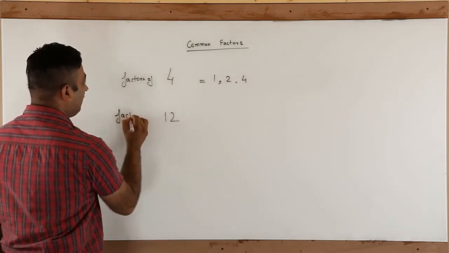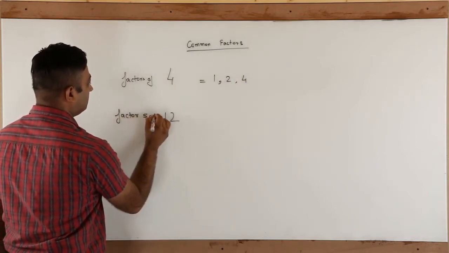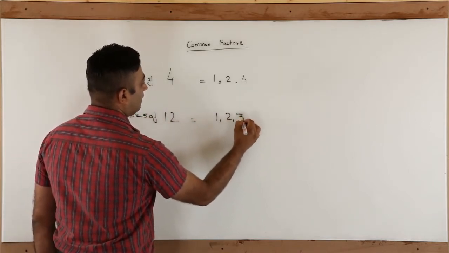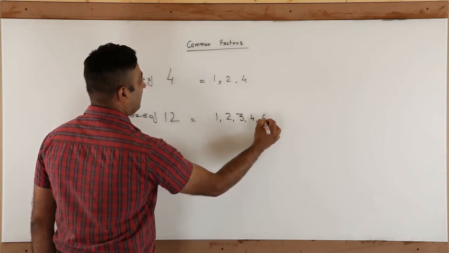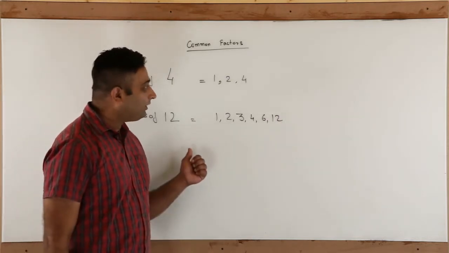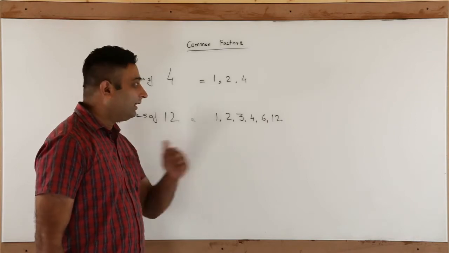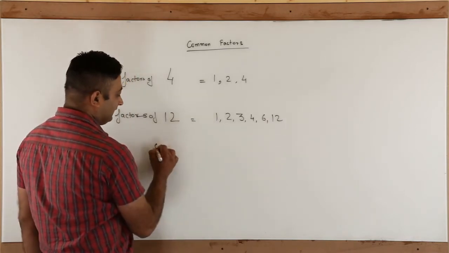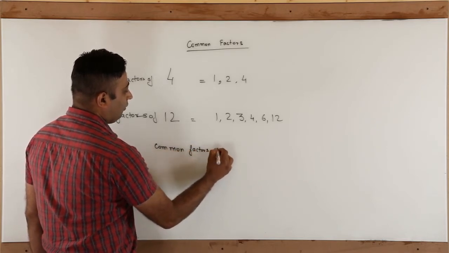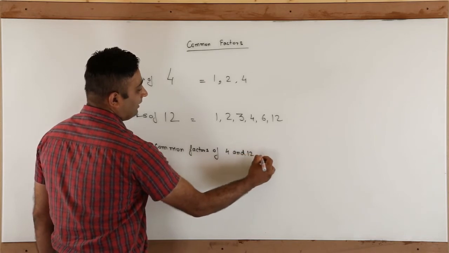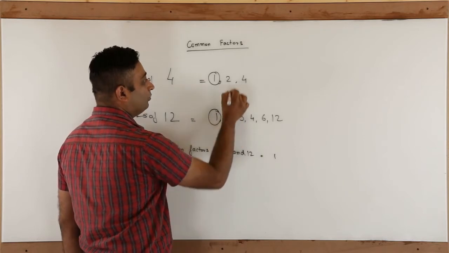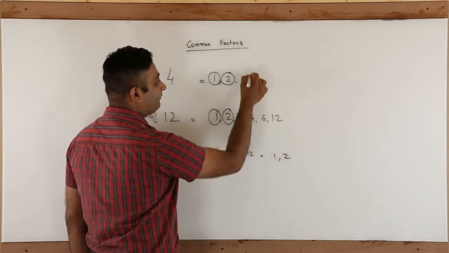And the factors of 12 are 1, 2, 3, 4, 6 and 12. Now, let us see how many common factors 4 and 12 have. We can see that the common factors of 4 and 12 are 1, 2 and 4.